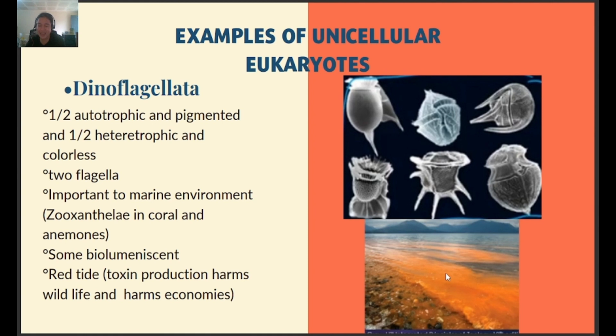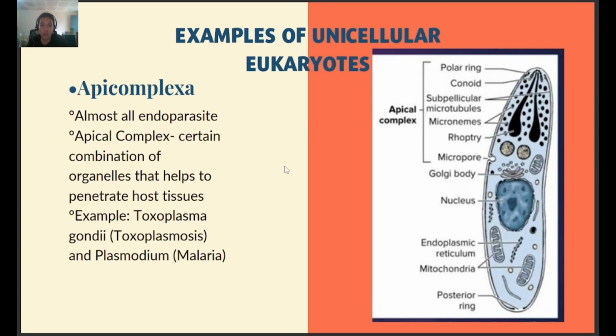Next is Apicomplexa. Almost all of them are endoparasites. They have a complex called the apical complex, designed to penetrate host tissues, which causes toxoplasmosis.